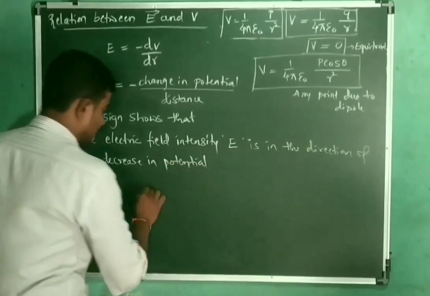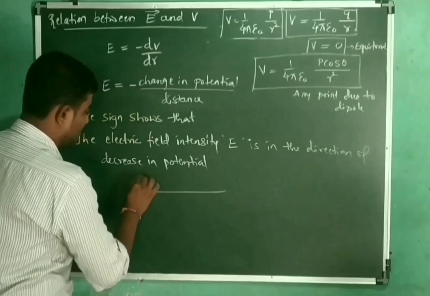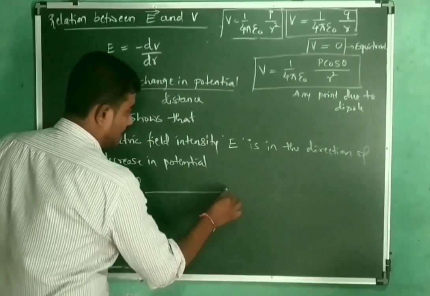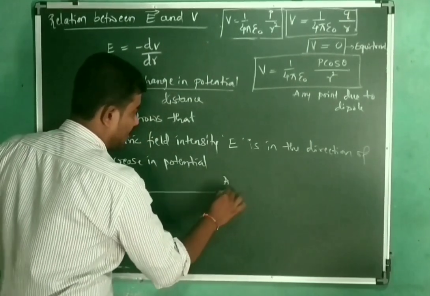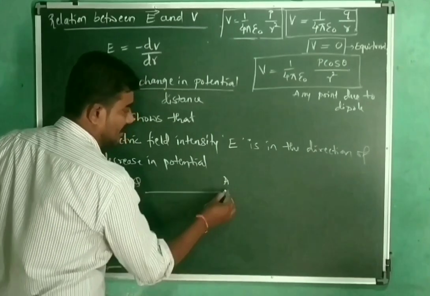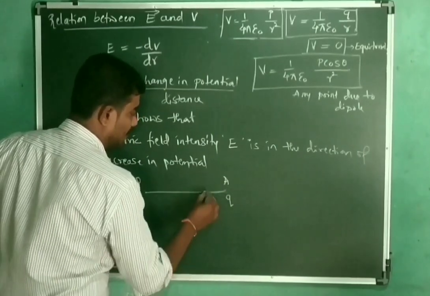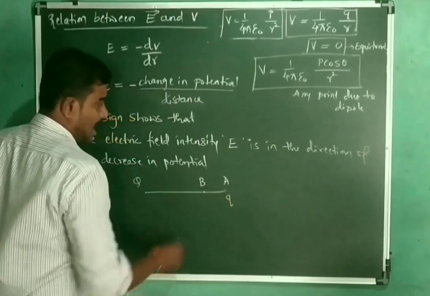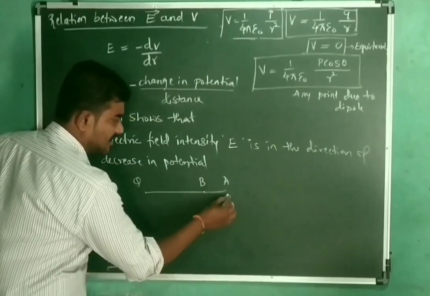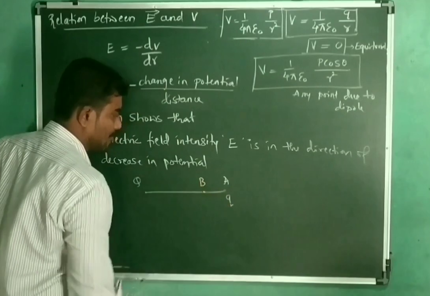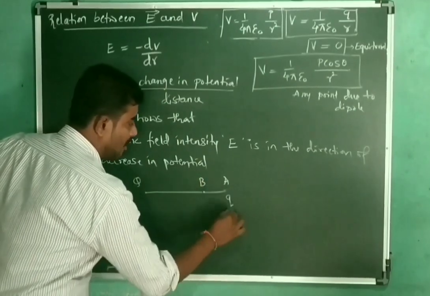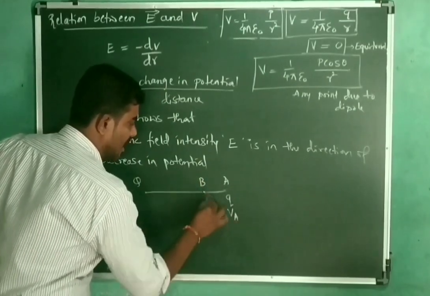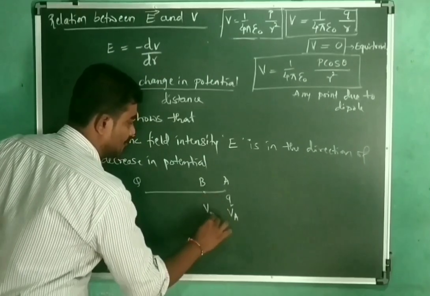It means consider one source charge Q here, and let us consider one point A. We shall place a test charge q, and you do work on this test charge in bringing it from point A to point B, and at A the potential is VA and potential at B is VB.